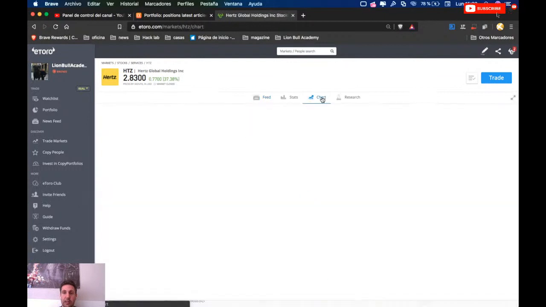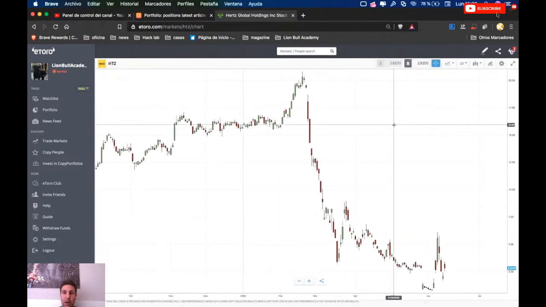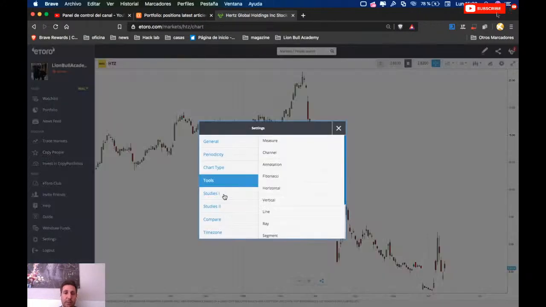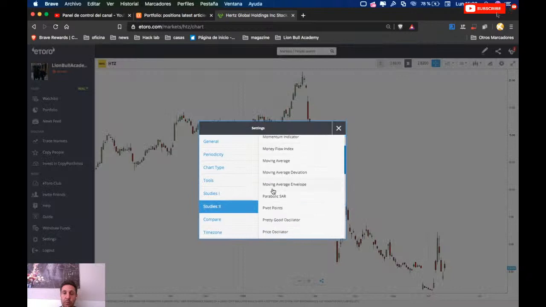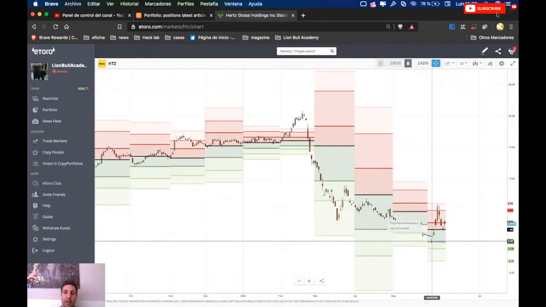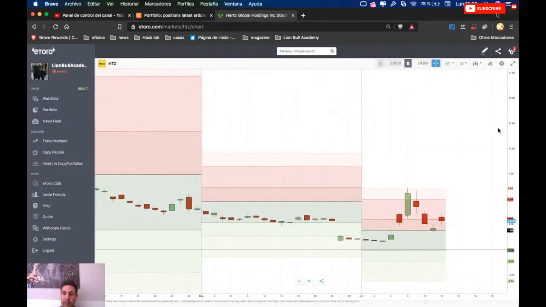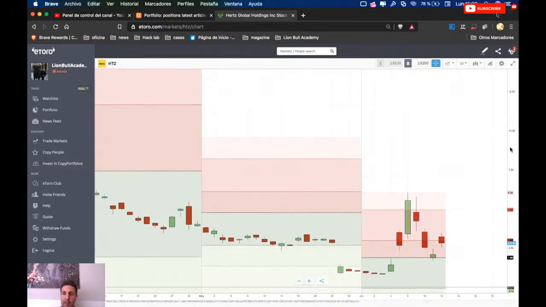For example, now here we are in Hertz. Let's make an analysis of why I will go in with Hertz. I like to use my pivot points too much, because it's one of my favorite ways to trade the market. I just put my pivot points here. Once we have the pivot points, we zoom in and make the chart how we like it.